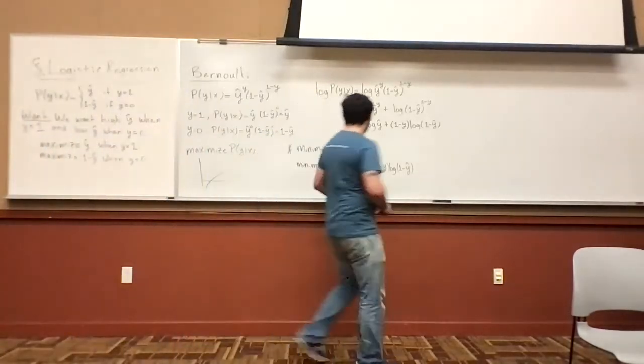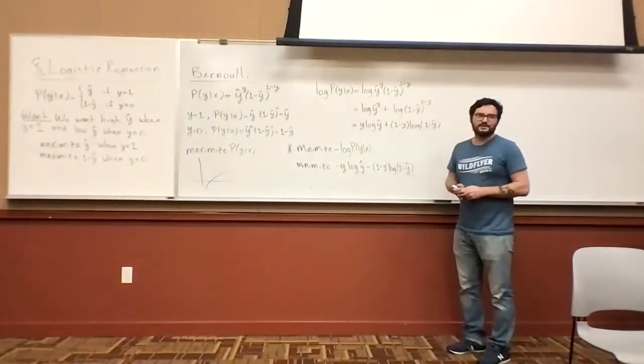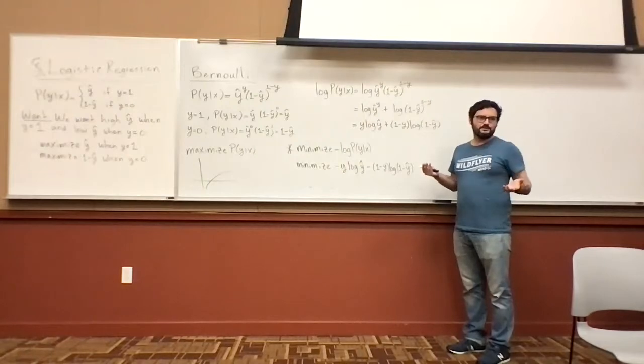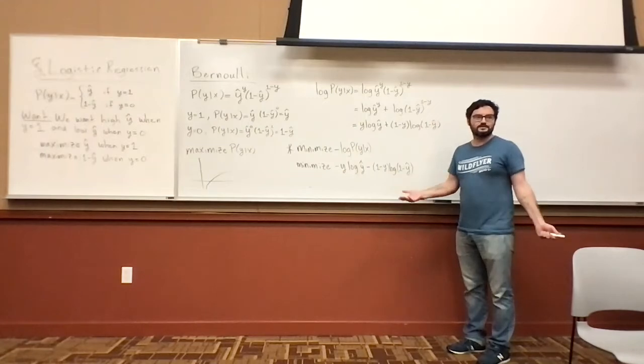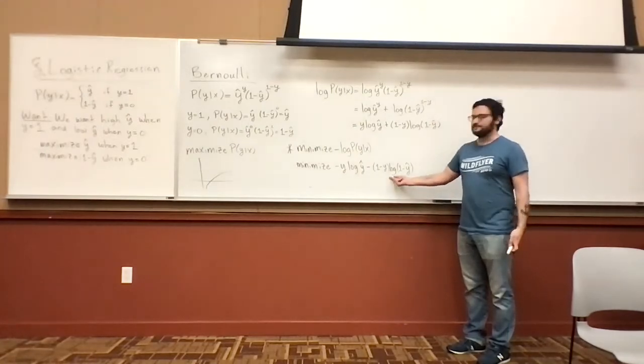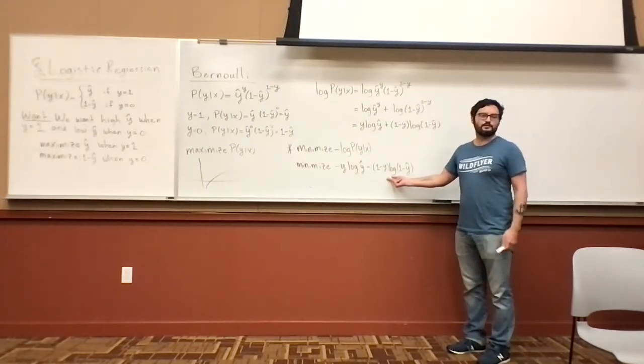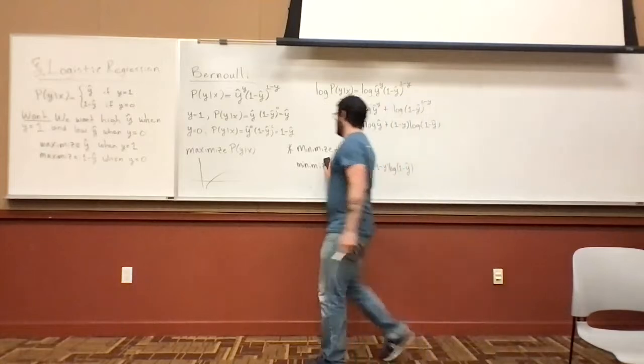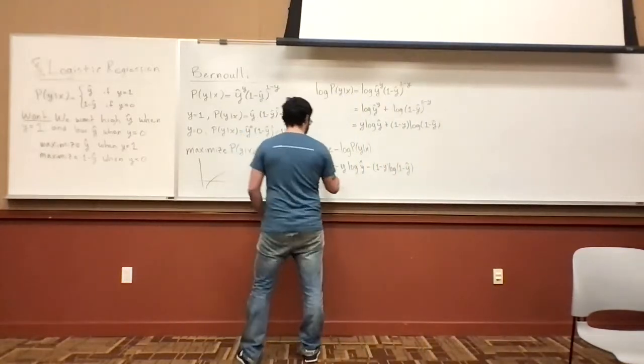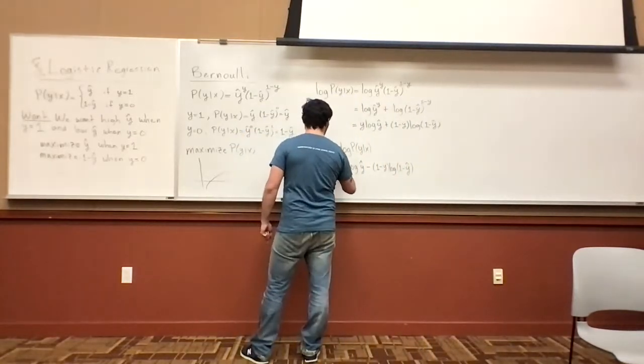So if this is what we're minimizing, what are we typically minimizing when we use the techniques from the previous lectures? We're minimizing the loss function. Oh, this is a good candidate for our loss function. So this is what our loss is going to be.